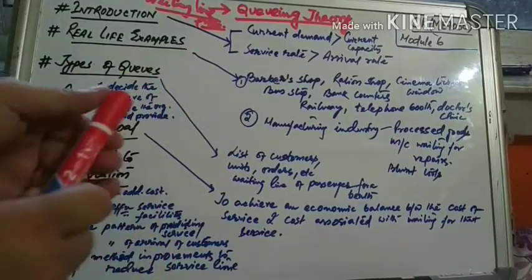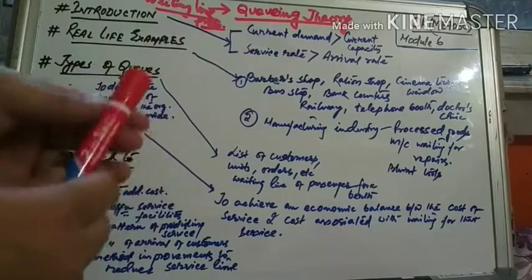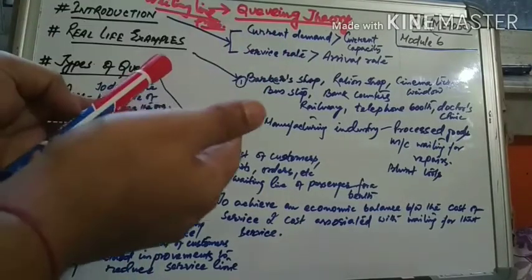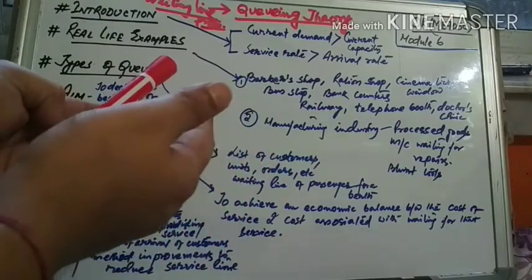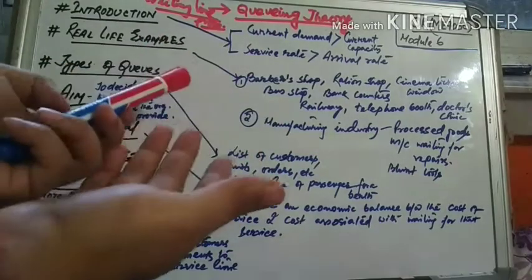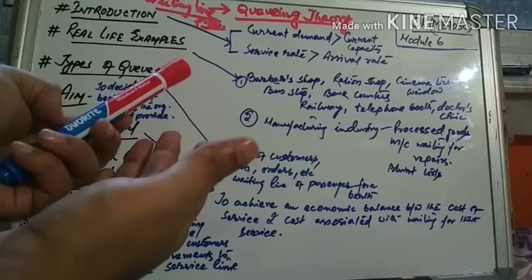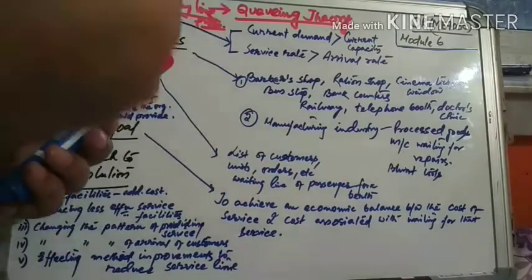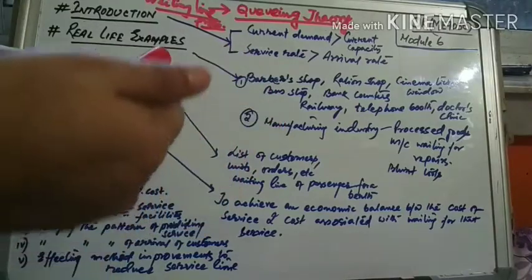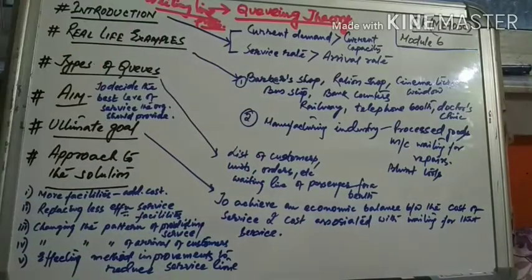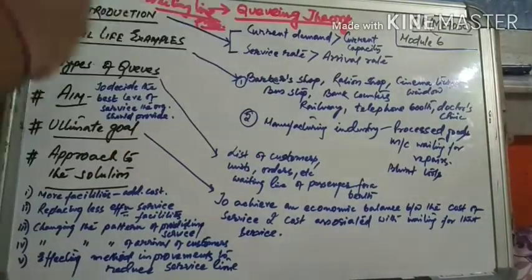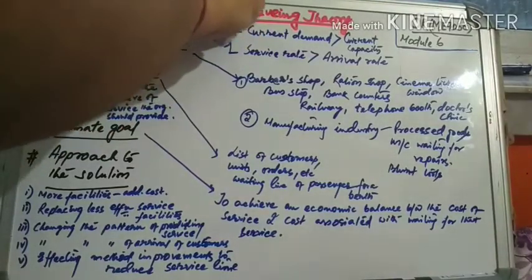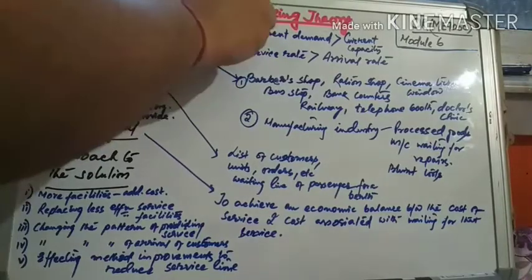You have already faced waiting or making a queue in a bank, in a barber shop, in ration shops, in cinema counters. You already know what a queue is. So basically we are dealing with that particular queue in this topic, known as queuing theory or waiting line problems.